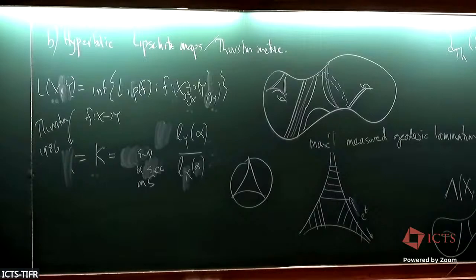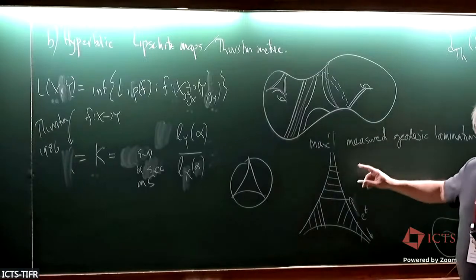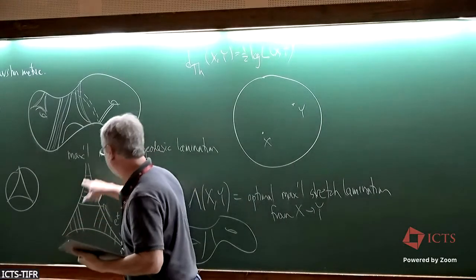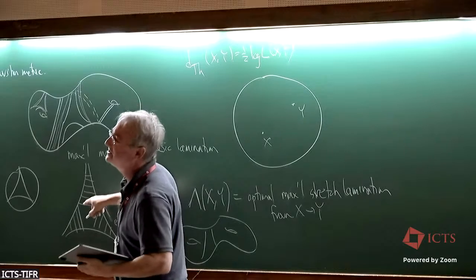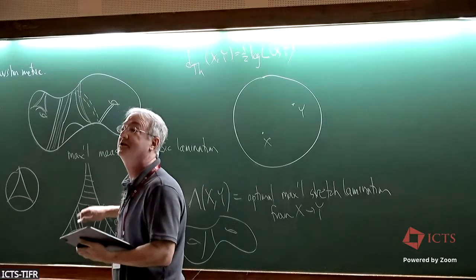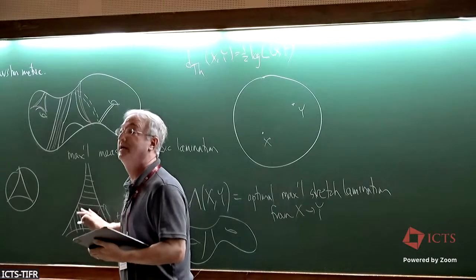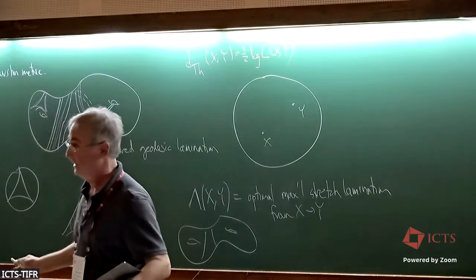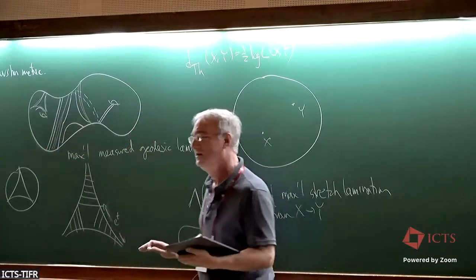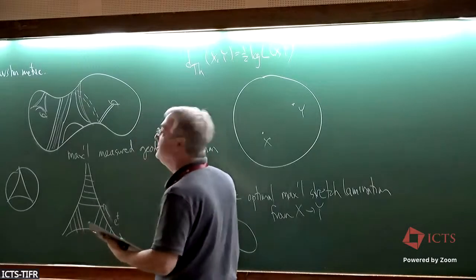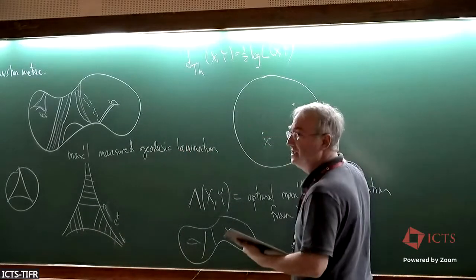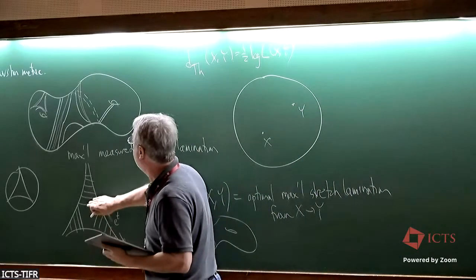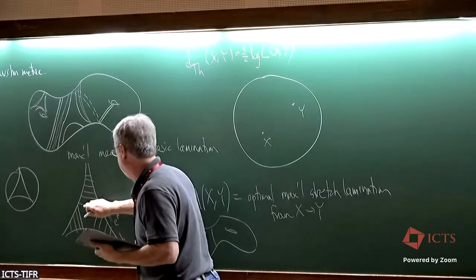Okay? Sometimes the optimal maximal stretch lamination is, the new use of the word maximal, a maximal lamination in the sense of having complementary regions that are just ideal triangles. Sometimes you win. But not always. In fact, in some sense, rarely. But sometimes you win.